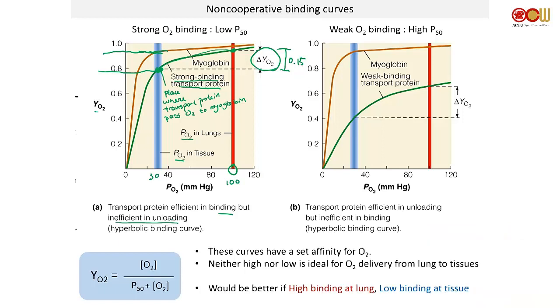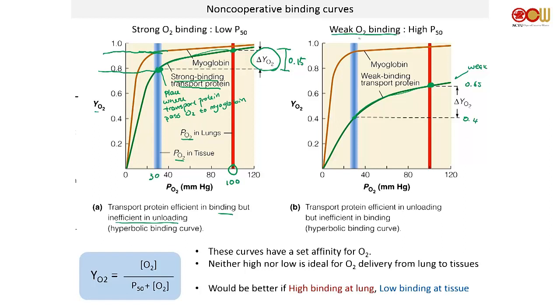So we look at the other side here. Strong O2 binding is not good. How about weak? This is very weak, and if it's weak, then it doesn't really bind O2 at all. So at the lung, you get about 0.65, and then when it travels to the tissue, you get about 0.4. What's the problem here?